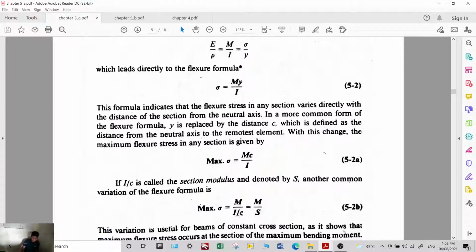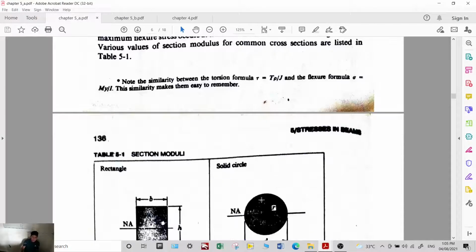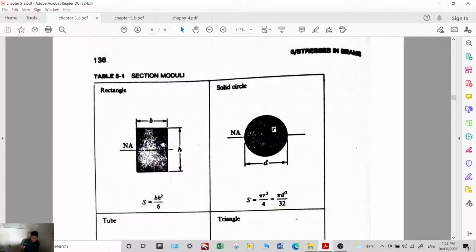Again, I over c is the section modulus. So your flexure stress will now be M over S.